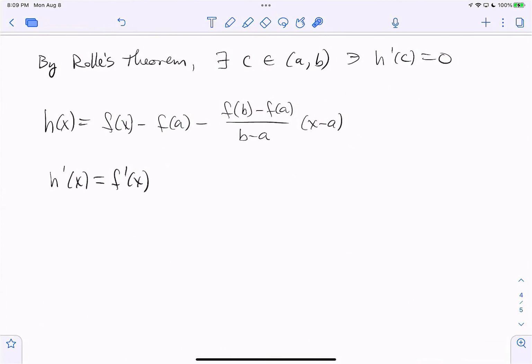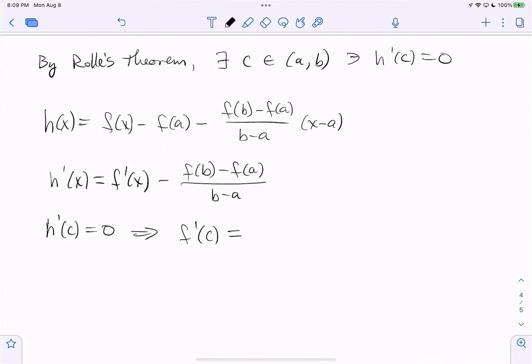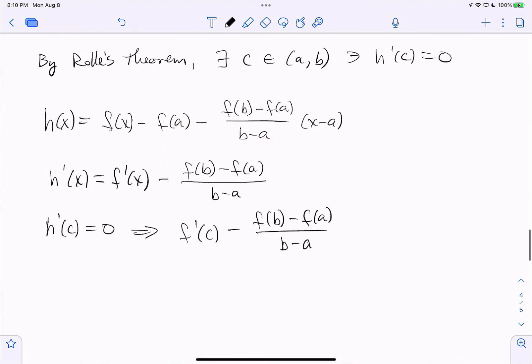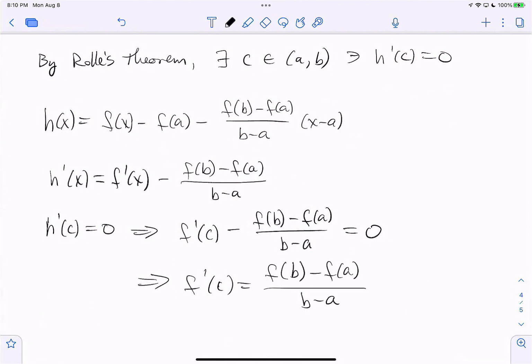And the derivative of this slope times x minus a is just the slope. Now, for h'(c) to equal 0, that would imply that f'(c) minus the slope, f(b) minus f(a) over b minus a, is equal to 0, which means that f'(c) is equal to f(b) minus f(a) over b minus a, as expected.